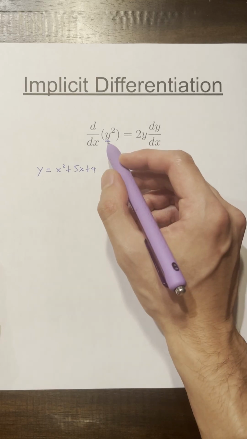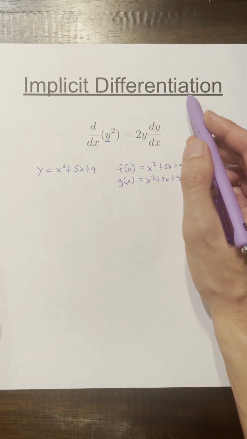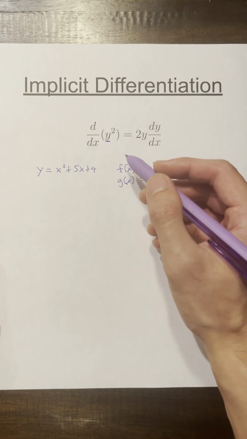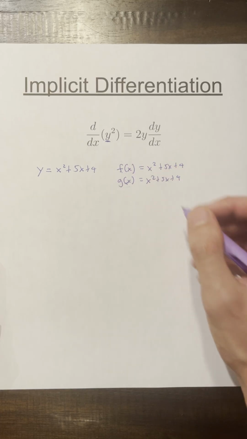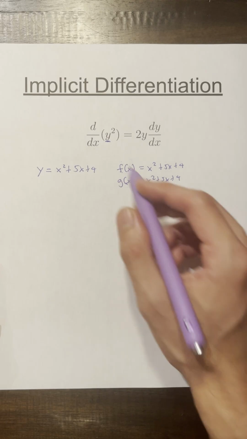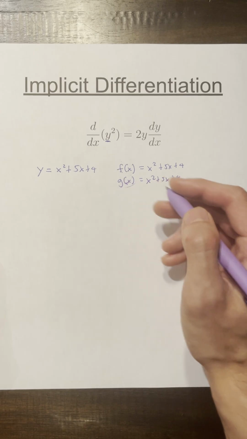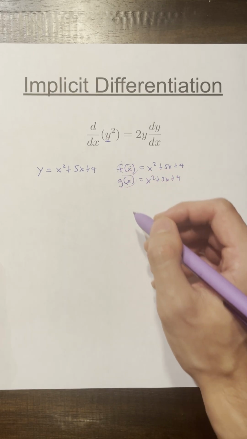So when you see y in implicit differentiation, remember this: y is a function of x. So you can think of y as g of x. You can think of y as f of x.